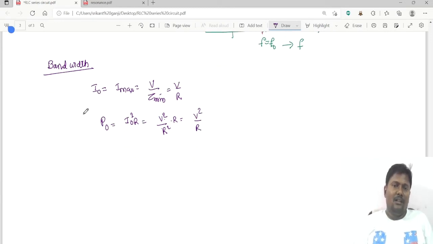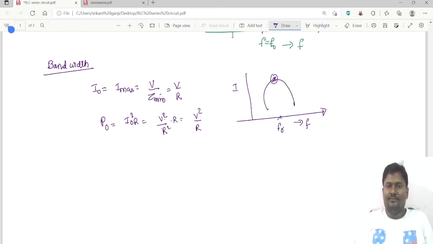If I am getting the half of the power, so this is the current versus frequency. The current is maximum at resonant frequency, and this is a curve, current versus frequency, and this value is called the I maximum, where I maximum is equal to V by R. At half of the power, P0 by 2 is equal to V square divided by 2R, or I naught square by 2.